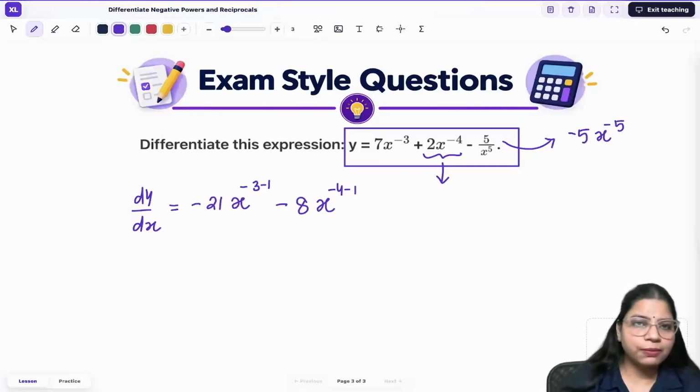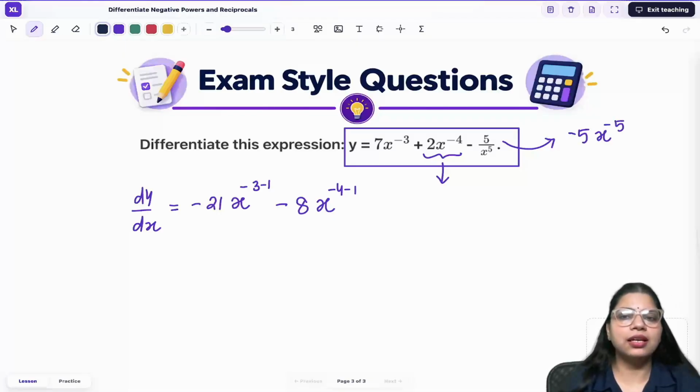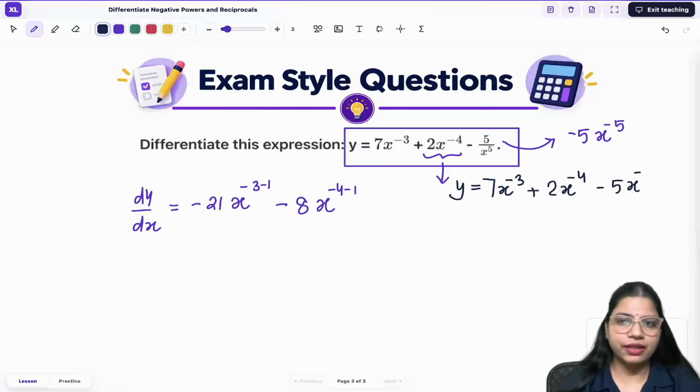So your first step would be rewriting the thing in the usual format: 7x to the power of minus 3 plus 2x to the power of minus 4 minus 5x to the power of minus 5. Okay, so we are only left with differentiating this part.